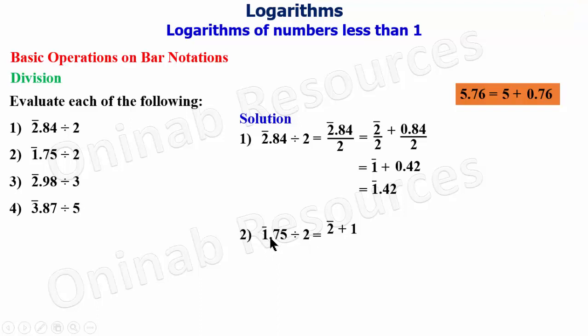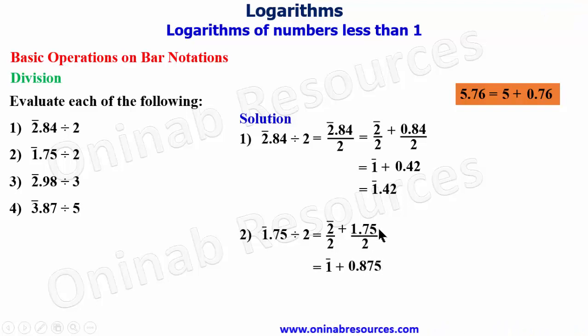Then we now place our point, 0.75. So this is expanded. It is still the same value with this. Then we divide each component again by 2. So this is divided by 2, this is divided by 2. So bar 2 divided by 2 gives bar 1 plus 0.875.